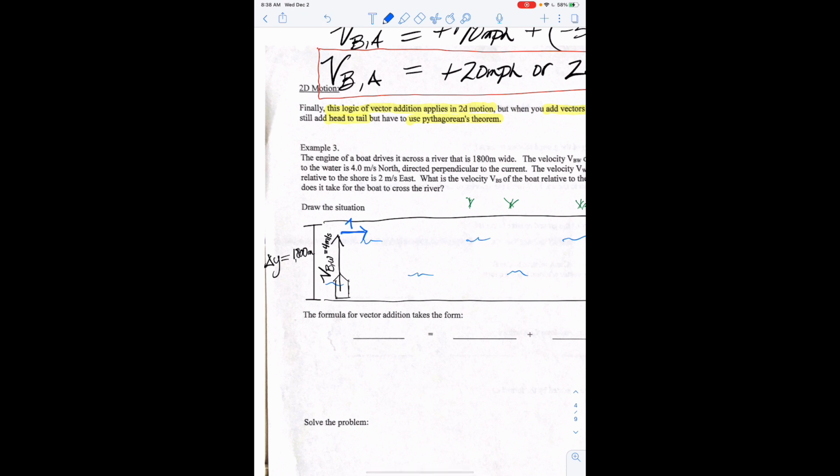So we'll call this VW,S, the velocity of the water relative to the shore, and we'll say that this is equal to positive 2 meters per second.